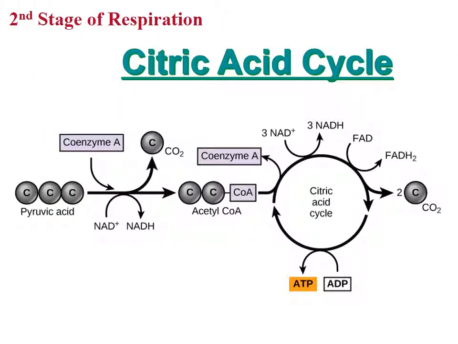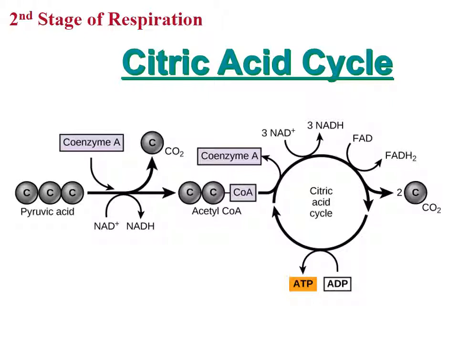Here we go. So here we start with the pyruvate or pyruvic acid. So don't confuse those. Think of them as one and the same, okay, even though they're kind of not, but think of them as one and the same, pyruvic acid or pyruvate. So this sucker gets split down even more.